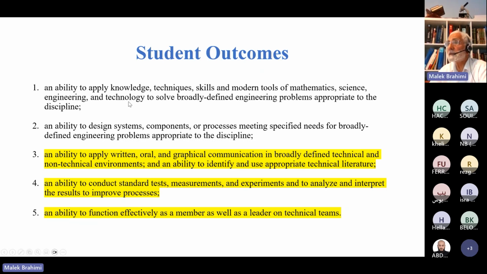Technology, yes, it's good to be accredited, but they accept it. Technology means, when you say for example the University of Science and Technology in Bab Ezzouar, most of the courses have labs. Otherwise, where are you going to get the technology from?